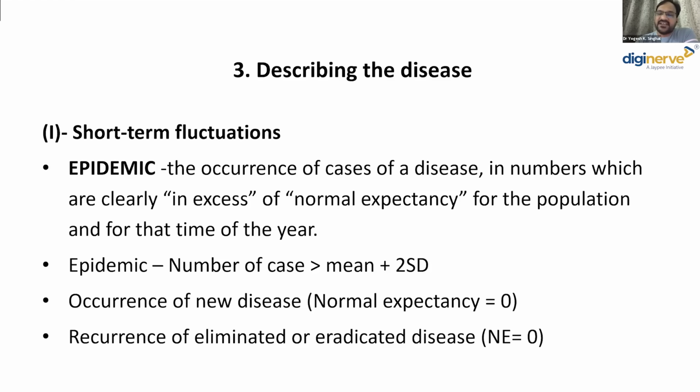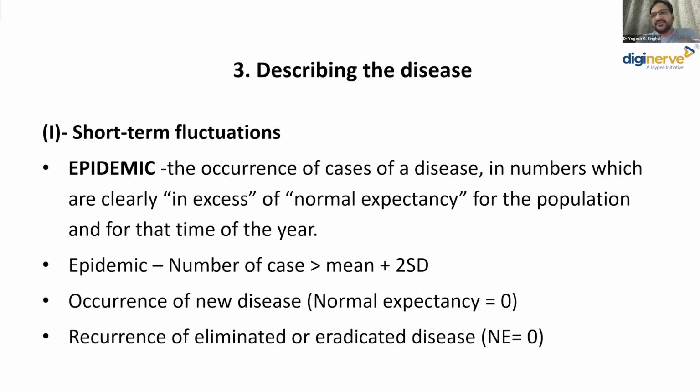It means the cases are more than normal expectancy, and it should be more than +2 standard deviations. So if the number of cases this year is more than +2 standard deviations of last year, it will be considered an epidemic.